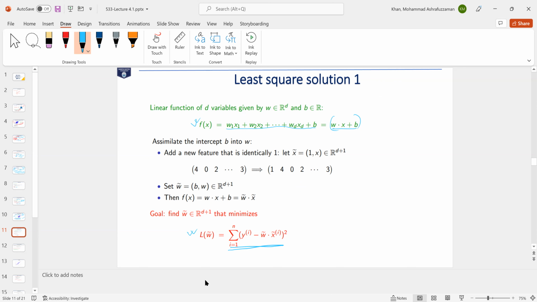Now in this slide we have shown some tricks for how to manipulate the equation to fit it into the standard mathematical format. But at the end of the day, our main goal is to minimize the loss value, and we can minimize the loss value using the gradient technique that we already discussed for finding parameters.